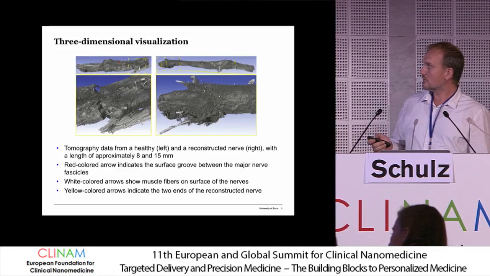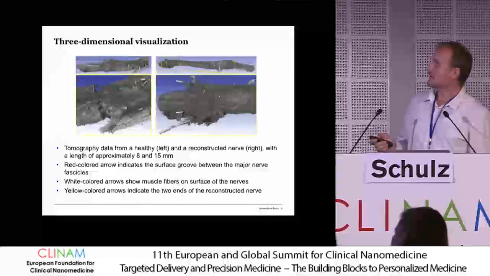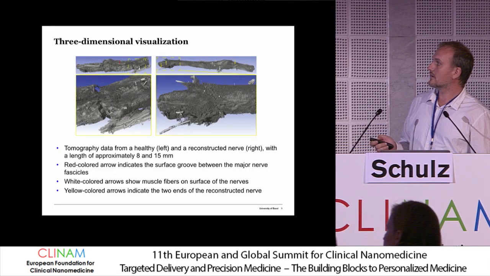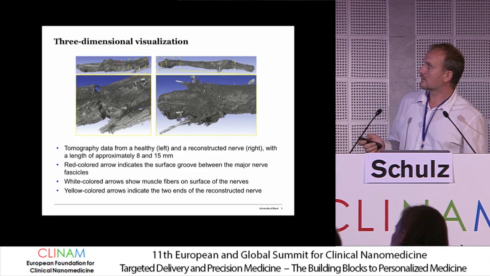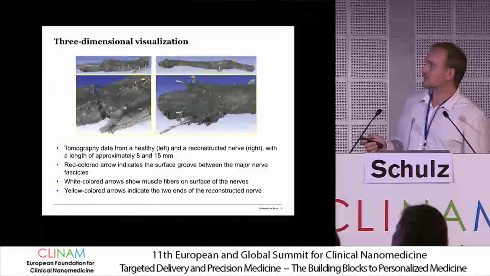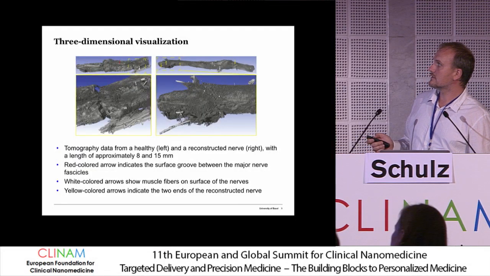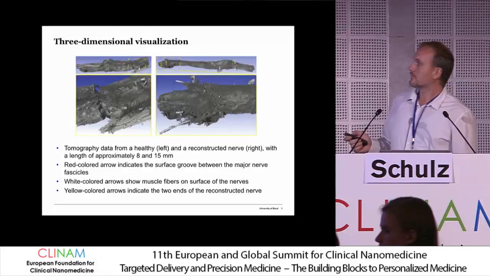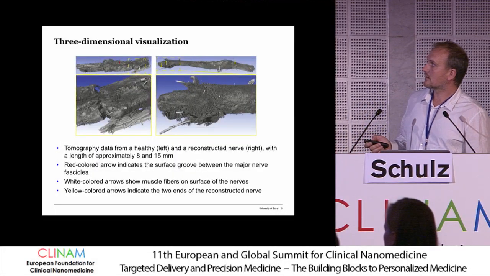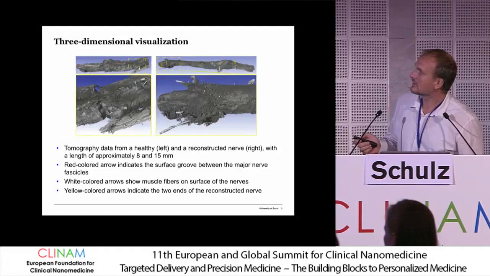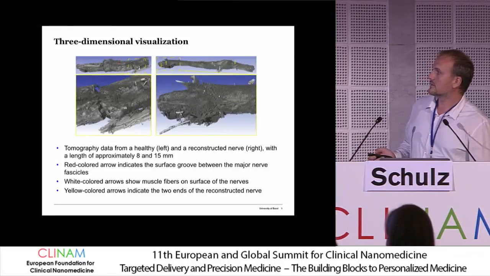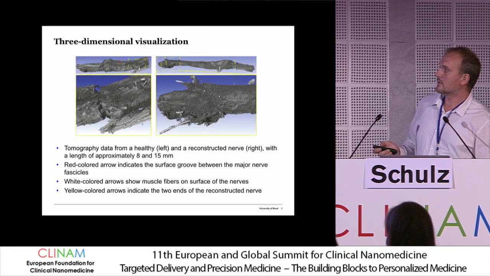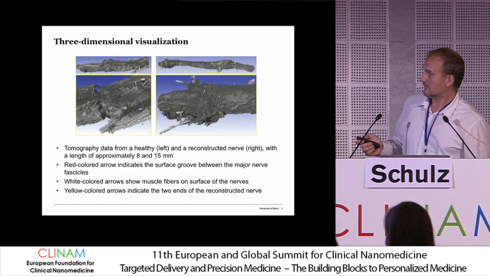These two images show the healthy nerve on the left side and the diseased nerve on the right, which is around 10 millimeters in length. I'm not sure if you see the arrow. The red arrow is the surface growth between the major nerve fascicles.